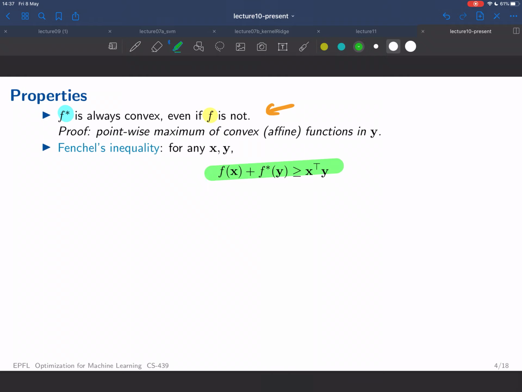It says that the sum of your conjugate function at y and the original function at x together is always bigger than this linear term. It can be equal, but it's always at least as big. We're going to use this in a second to understand a bit better how these things relate.